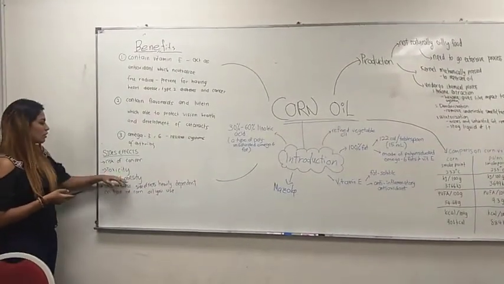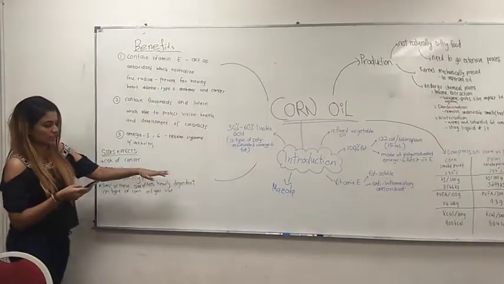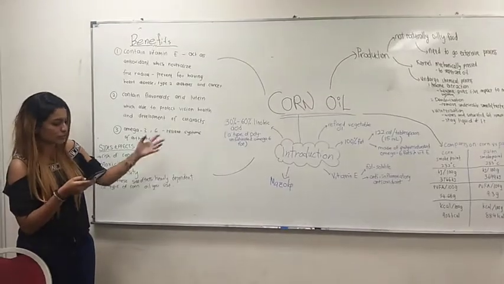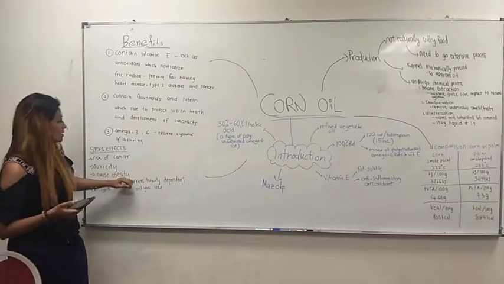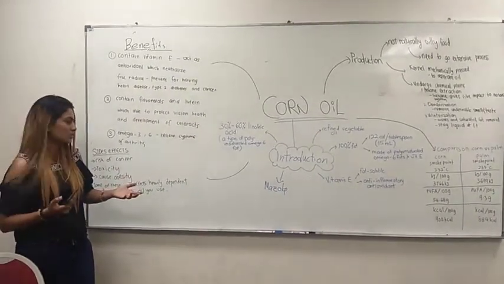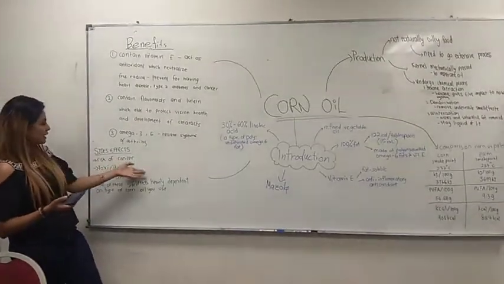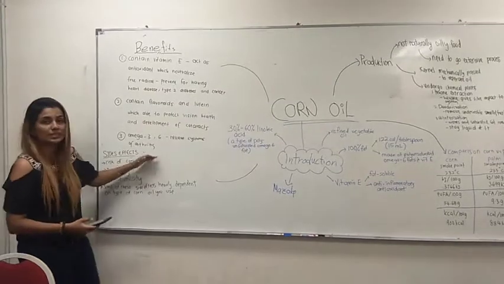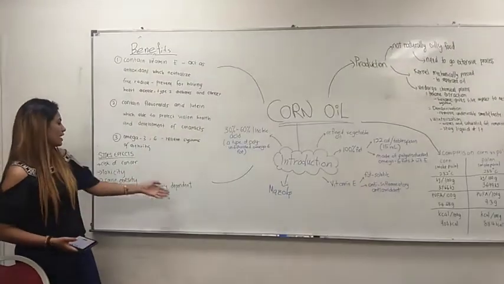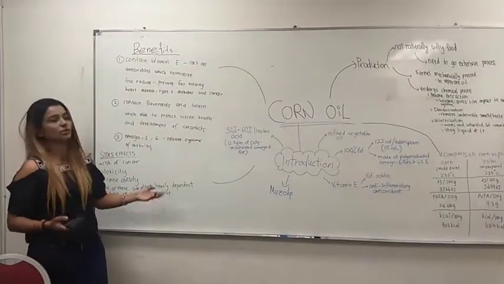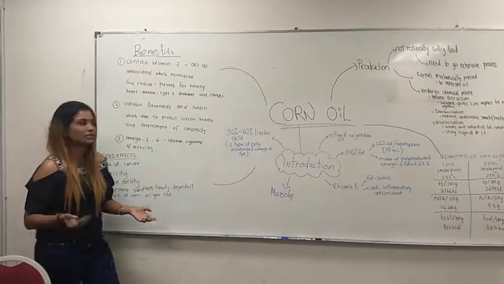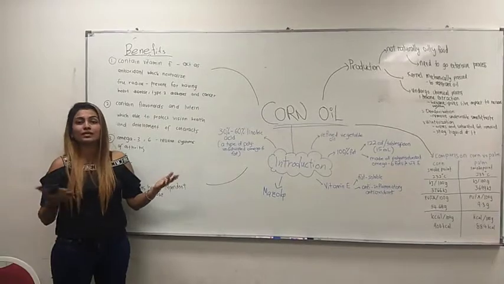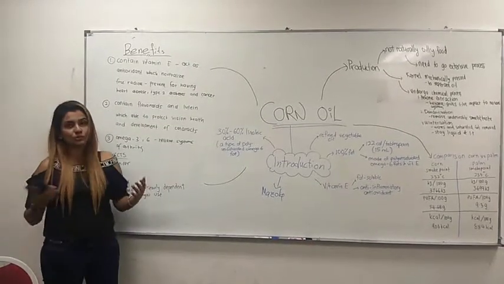Another one is that it causes obesity, because corn oil is high in calories, so it contains too many calories and causes obesity and weight gain. There are still a lot more side effects, so I just stated 3. Some of the side effects heavily depend on the type of corn oil you use, as there is a variety of types of corn oil.